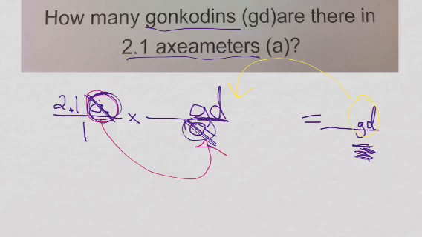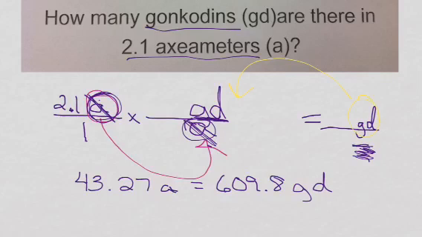Well, on the other slide, it told us, so you didn't see this slide since you were absent, or you did and you're just rewatching this and you have it already. 43.27 aximeters equals 609.8 guncodons.